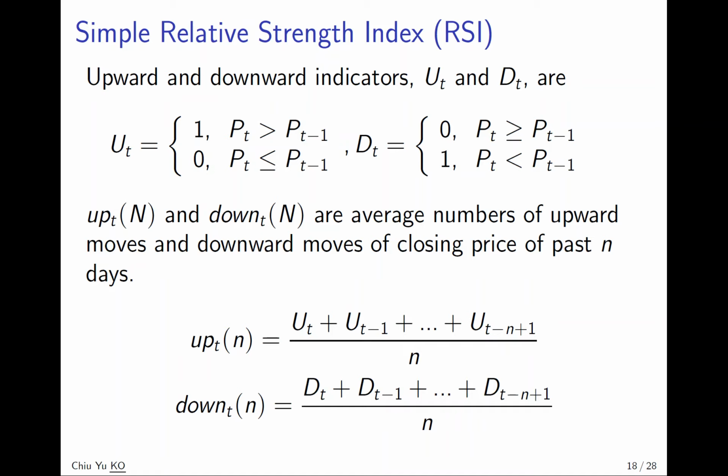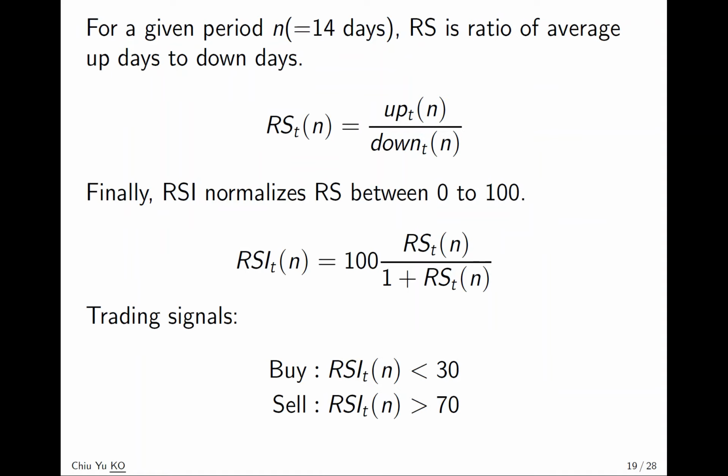Basically, up and down are the average values of U and D. You look at the past N days: Up_N will be the average of the past N days of U, and Down_N the average of the past N days of D. Once we have up and down, we can further calculate an indicator called RS, which is the ratio of up over down.